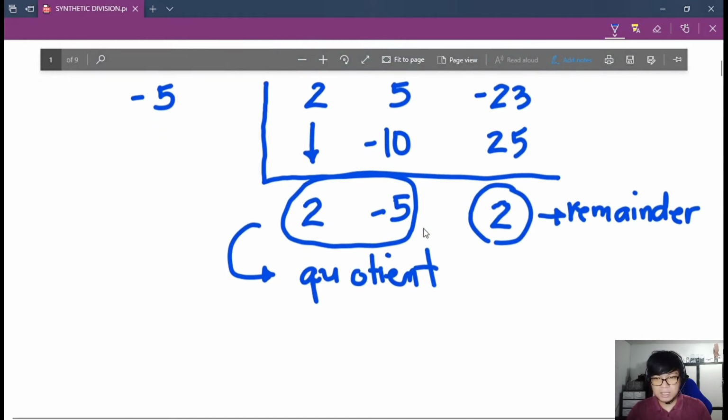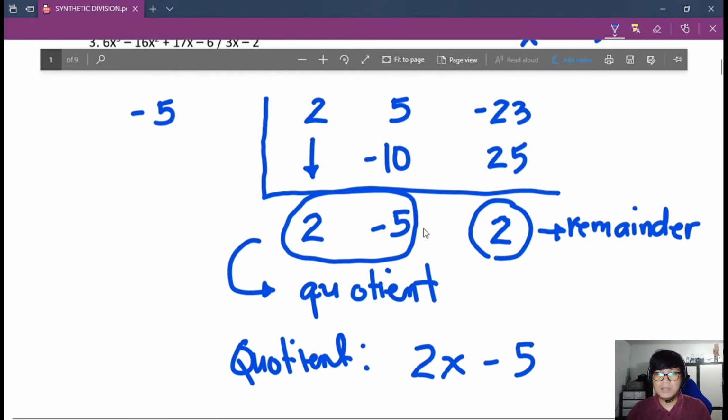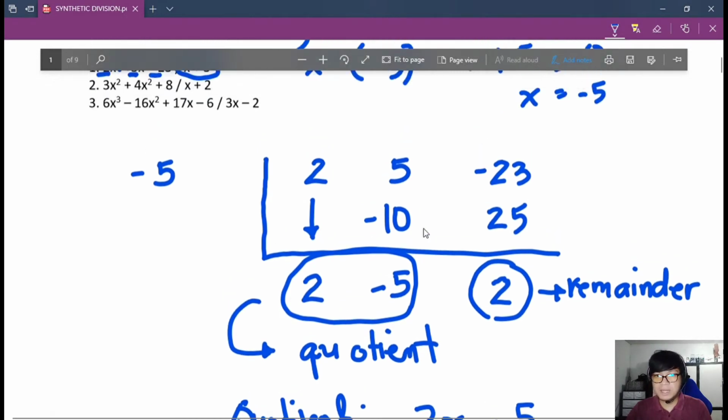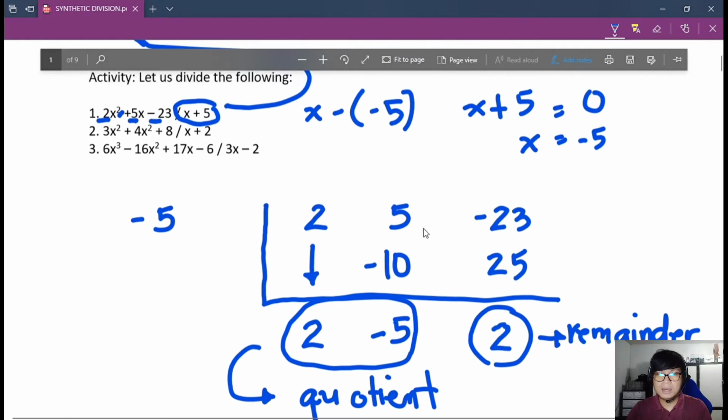So, magiging ang quotient natin 2x minus 5. So, we have to supply ito ng variables. Paano malaman kung ano yung isusupply na variables? Always subtract 1 sa degree ng polynomial. 2 man ito siya.